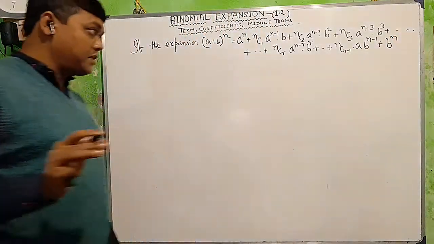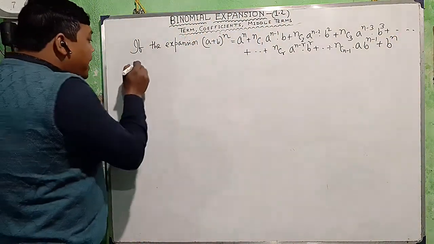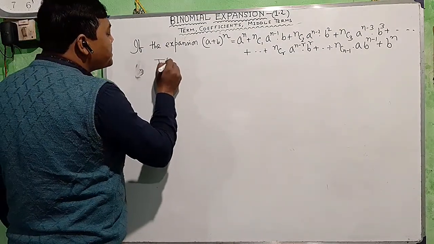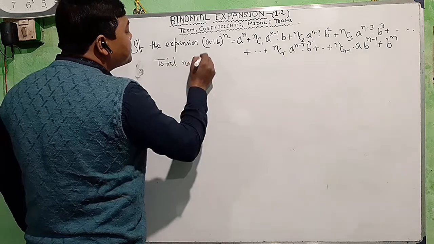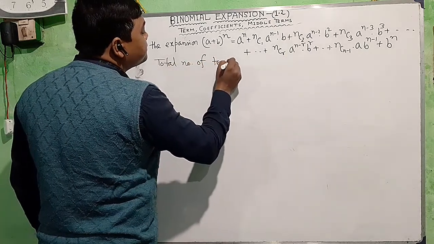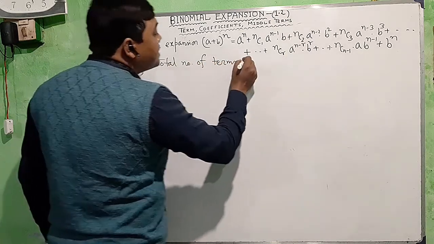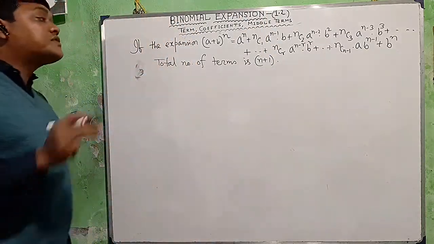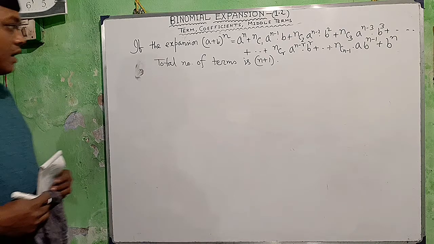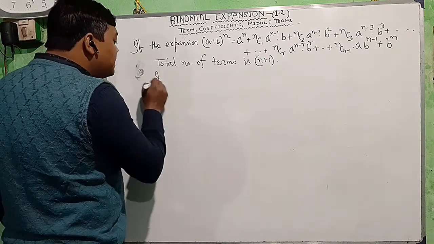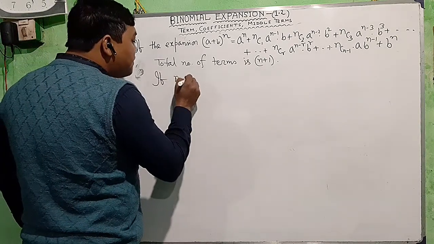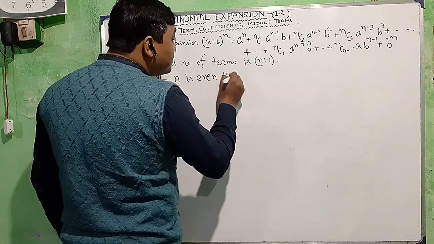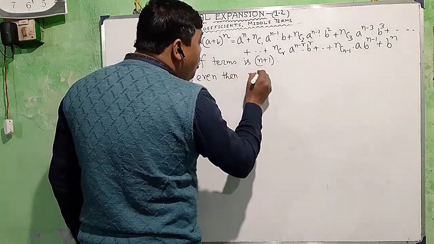This is the expansion. So how many total terms are present here? The total number of terms is n plus 1. We have already discussed this in the first video lecture also. So if n is even, then n plus 1 is odd, of course.